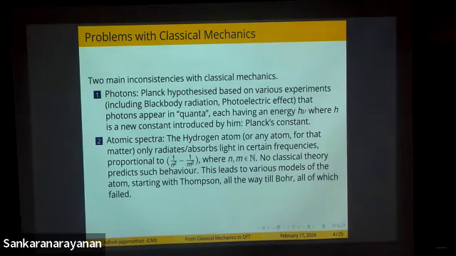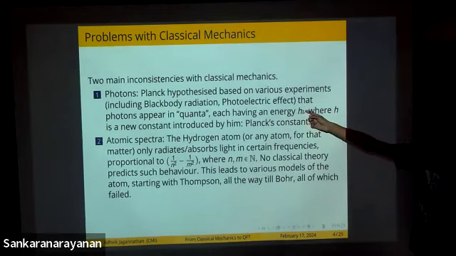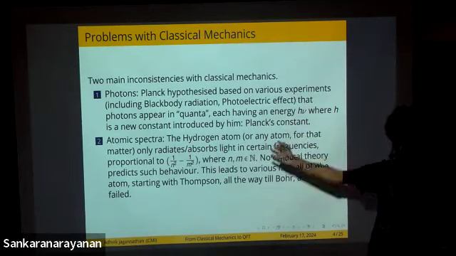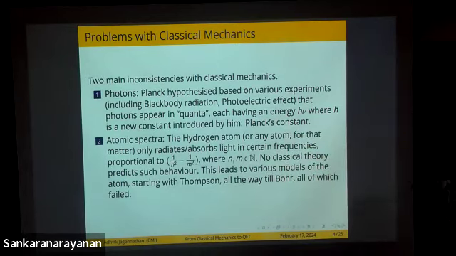Ultimately, Planck theorized that light appears in quanta of energies, as in each quantum consists of a fixed amount of energy, and the total energy can only be n times this fixed amount. It's sort of like an energy step, and this energy step is h times nu, where nu is the frequency, and h is a new constant introduced by him called Planck's constant.